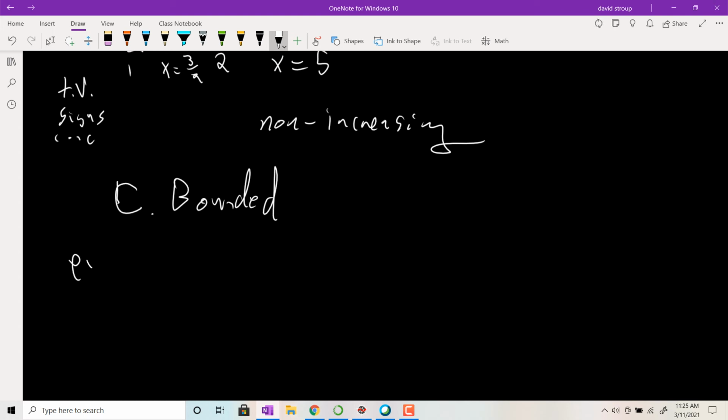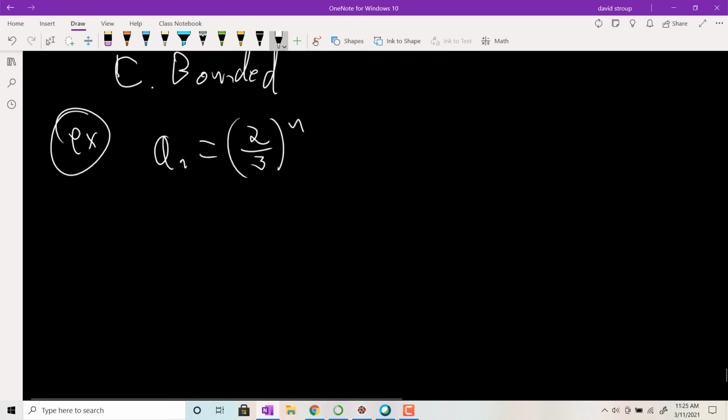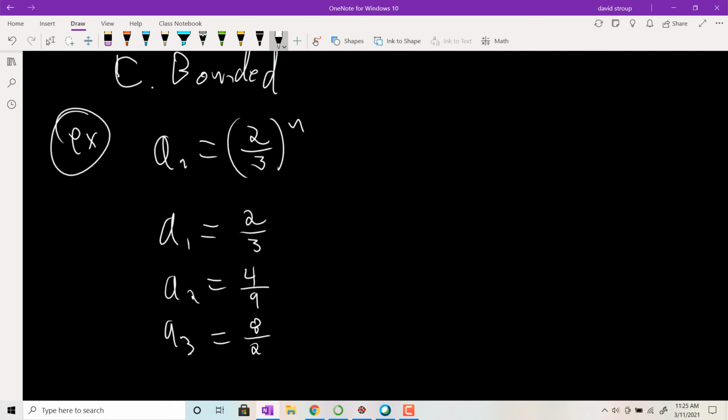For example, going back to a sub n equals 2/3 to the n, this thing is actually bounded above and below. You can take a look at the sequence of values. A sub 1 is 2/3, A sub 2 is 4/9, A sub 3 is 8/27.